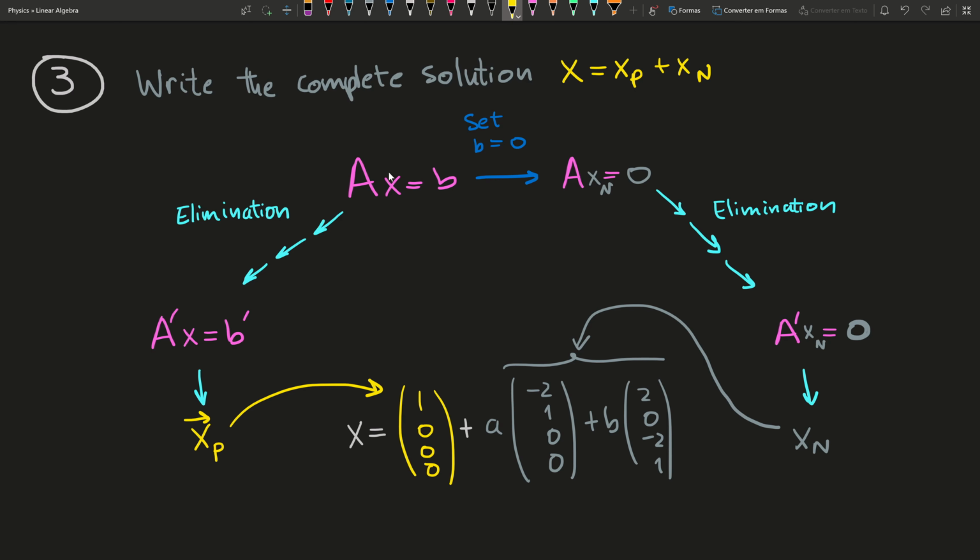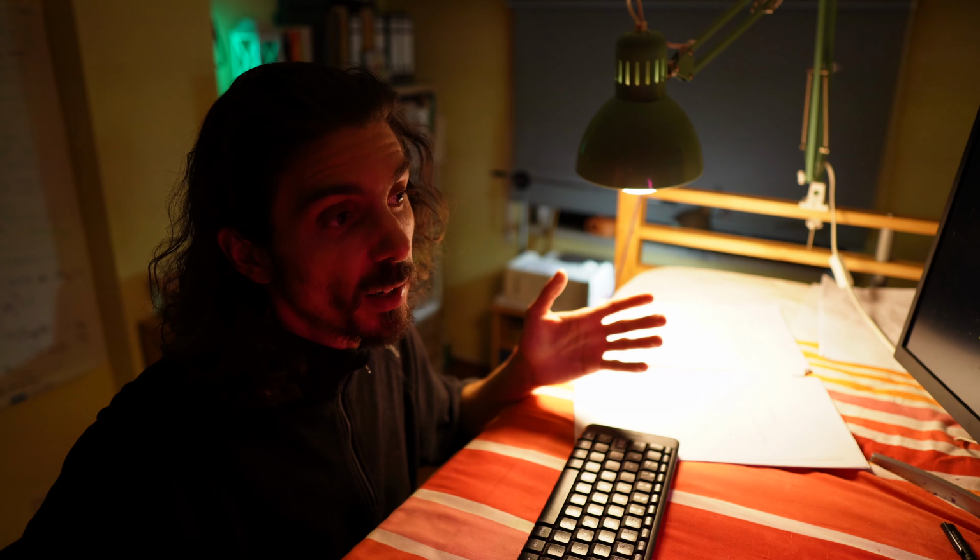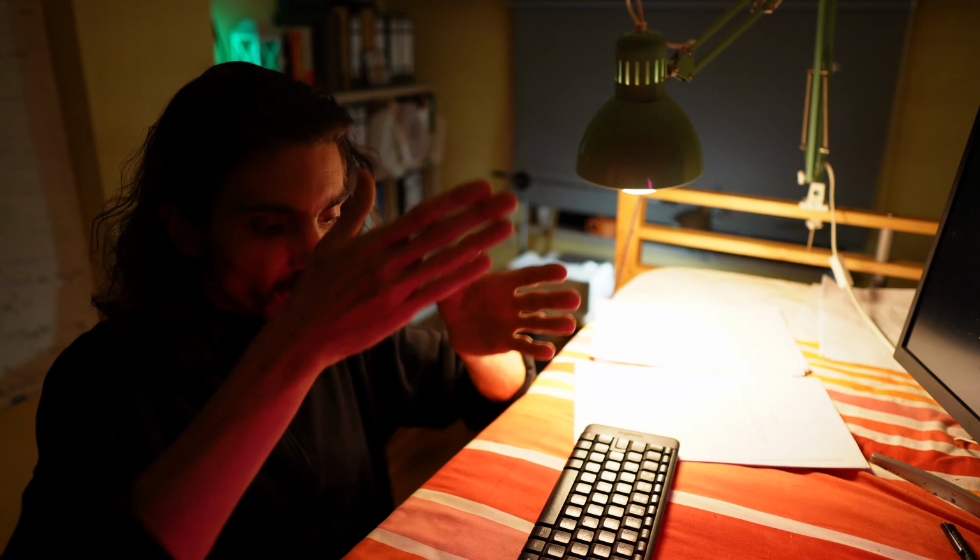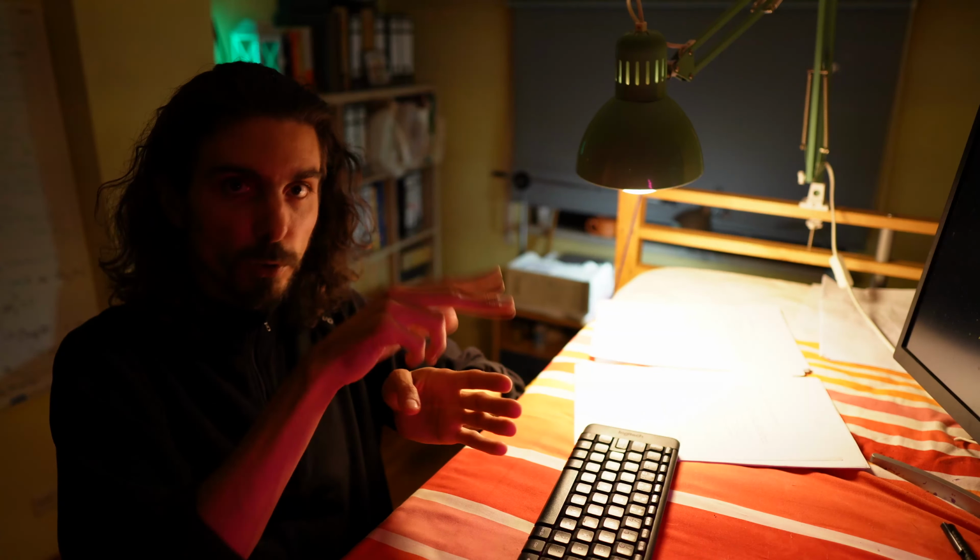In step 2, we found the null space, so we set b equal to 0, and we try to solve this system here. Through elimination, we arrive at A prime xn equal to 0. A prime is the most simplified matrix possible. And finally, by isolating each one of the dependent columns, we use the pivot columns to cancel it.